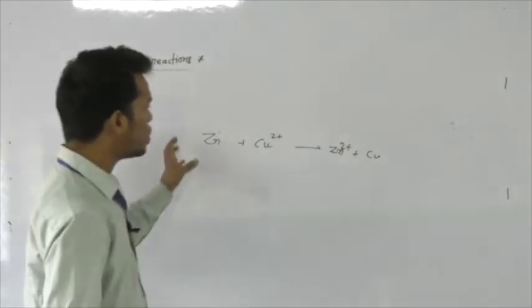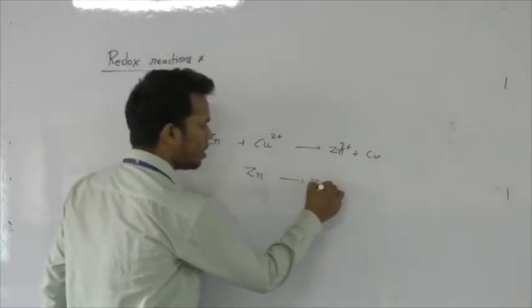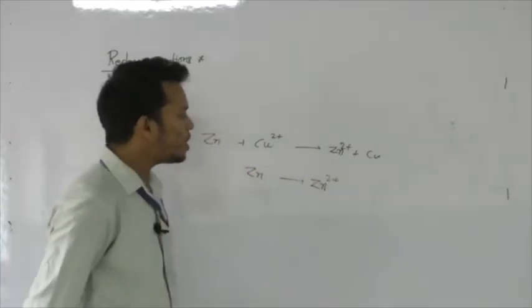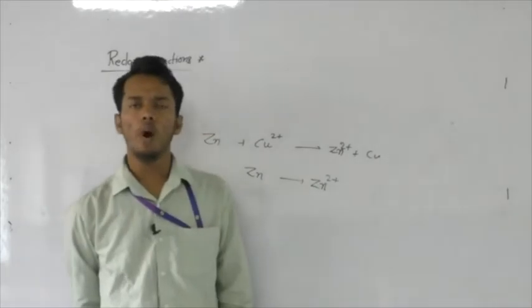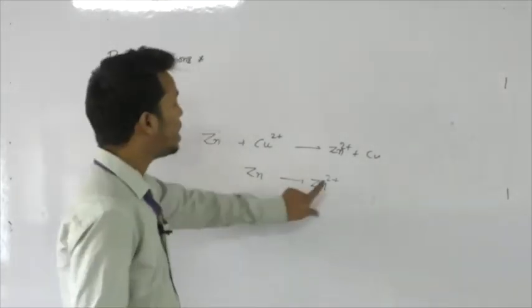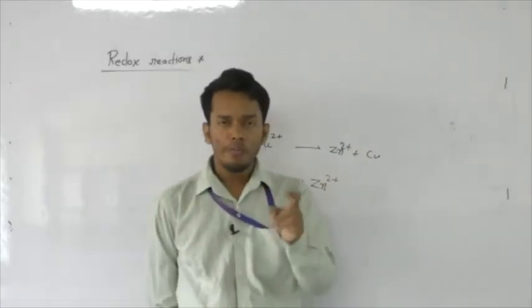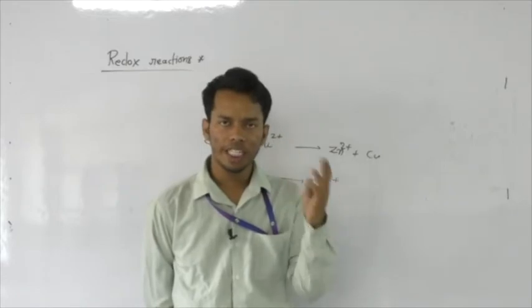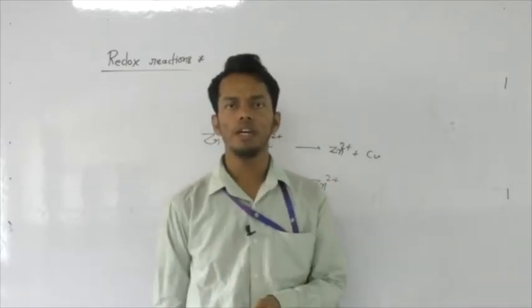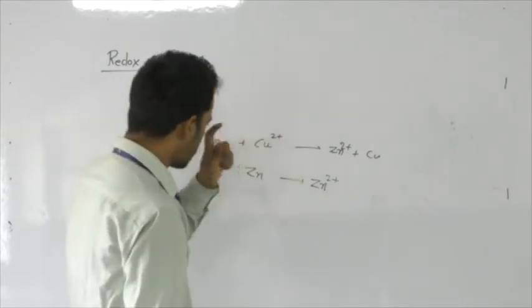Now this is a complete reaction. But if someone is writing only Zn giving Zn2 plus, is it a complete reaction? No. Why? Because there will be involvement of electron. Here you can see 2 plus charge, here there is no charge. Both the reactant side and product side should have the same charge, so you have to balance charge.